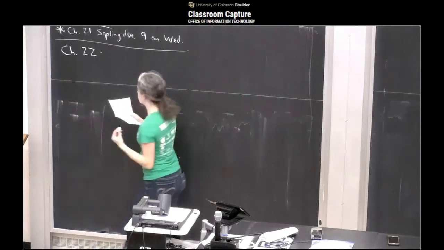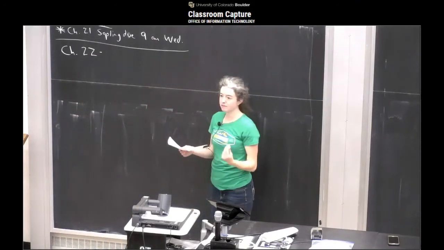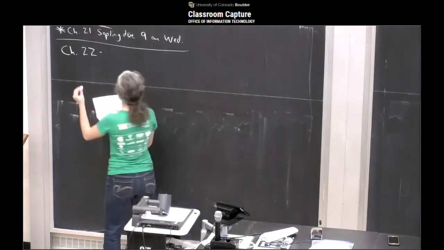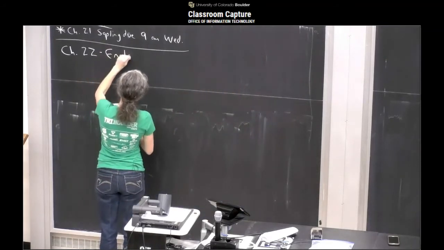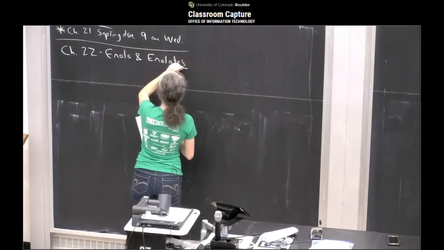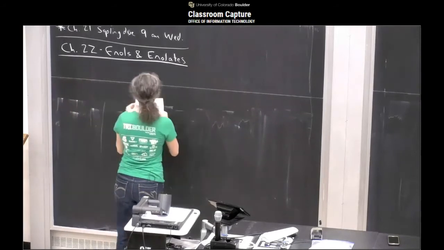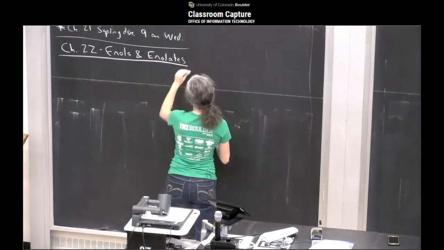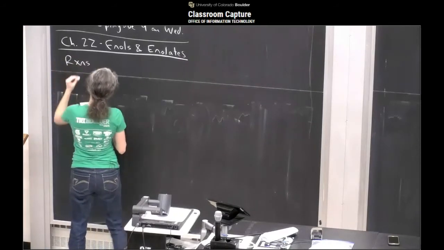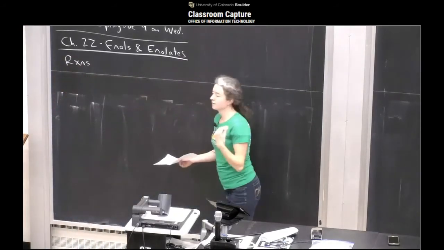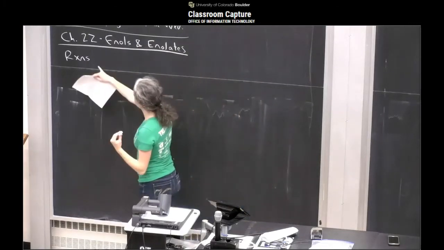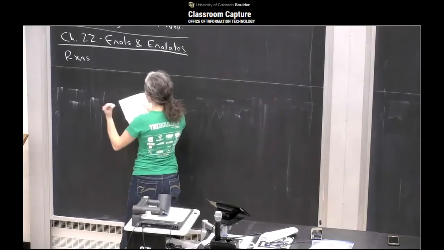But what we're going to be looking at in this chapter is something a little bit different. Still involves carbonyls, but it's not the same type of chemistry anymore. So we are now looking at enols and enolates. The whole deal about this chapter, if you keep this in mind, it'll make things fit into a pattern a little bit more obviously.